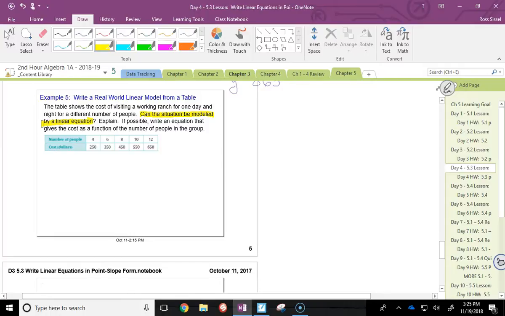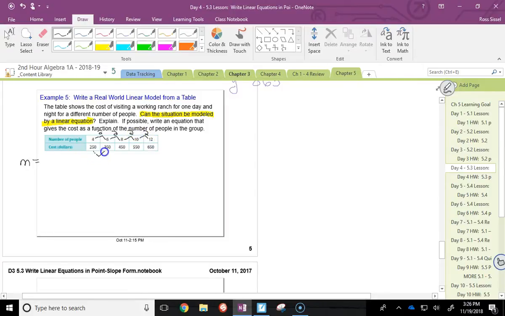What I'm going to go ahead and do for this one is I first need to see in this table, do I have a slope? If I look at this, I have a way to cheat on this. I notice right away this is going up by 2. I'm constantly going up by 2.